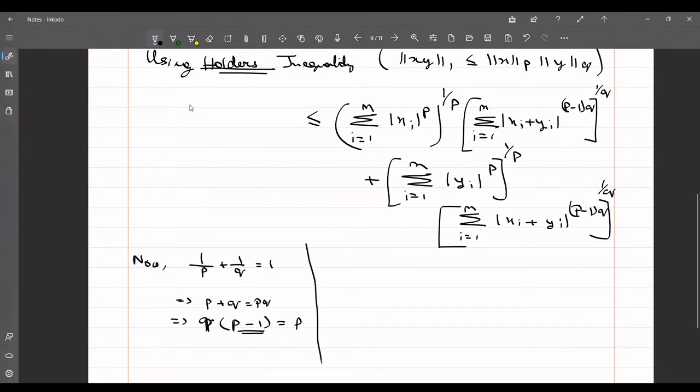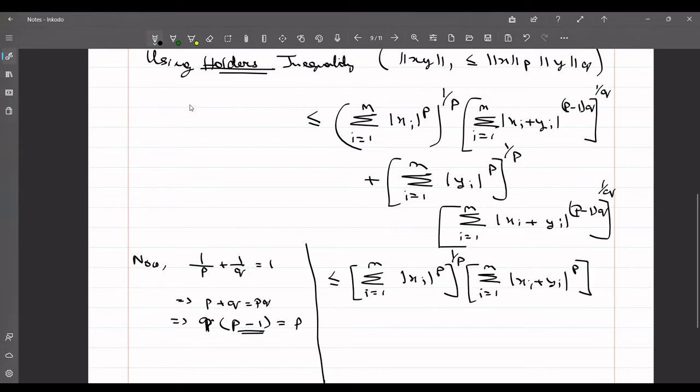So this is less than or equal to summation i equals 1 to n, mod of xi to the power p, whole to the power 1 over p, times summation i equals 1 to n, mod of xi plus yi to the power p, and whole to the power 1 over q, right?